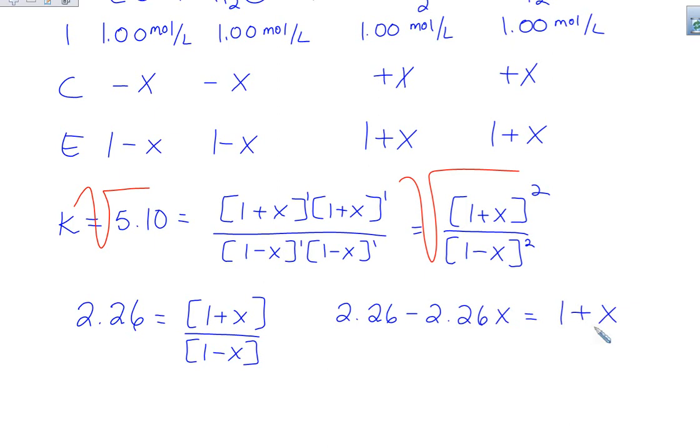We can simplify this further. We'll combine like terms. So let's subtract the 1 and say 1.26. And then we'll add this, so we'll get 3.26x on this side. I can solve this then for x.